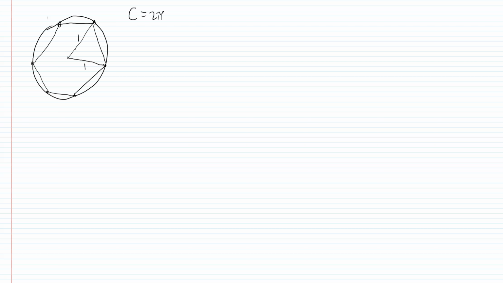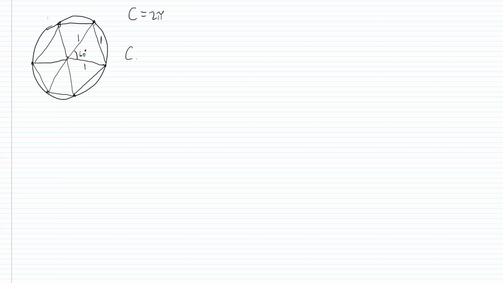Now, the thing to recognize here is that all 6 of these triangles are the same. So that means each of these angles is going to be 60 degrees, which means that these triangles are all equilateral. So this side length is a 1 as well.